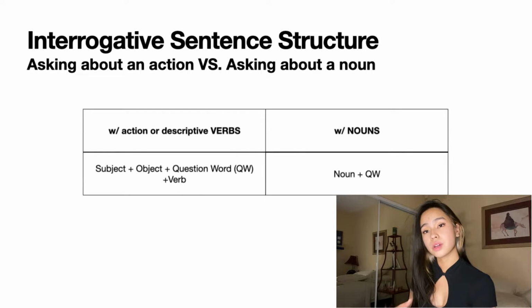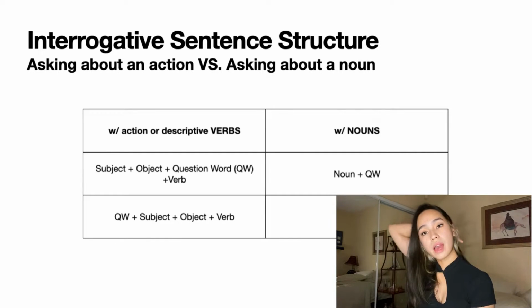But with nouns, the question word comes after the noun and at the end of the sentence. Alright, again, with verbs, whether it be an action or a descriptive verb, the question word usually comes right before that verb. But with nouns, the question word comes after the noun and at the end of the sentence.